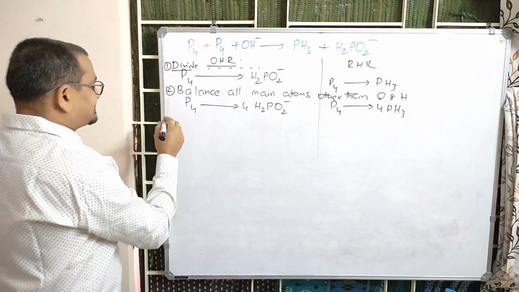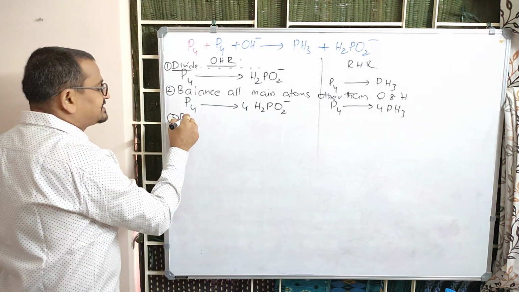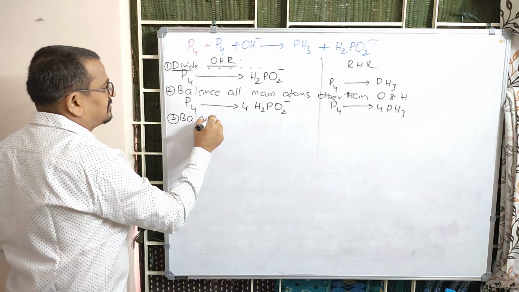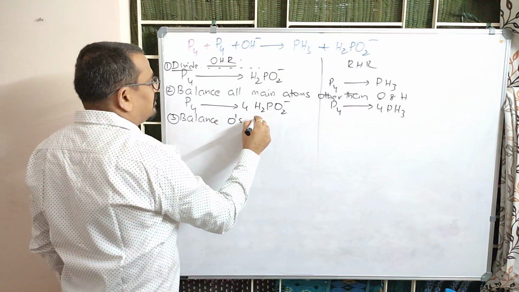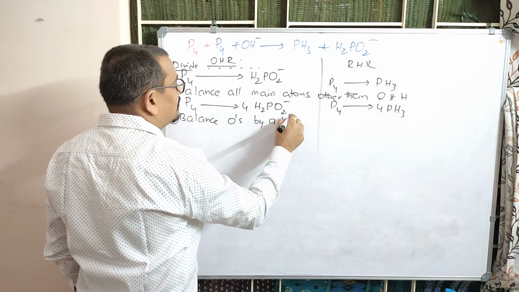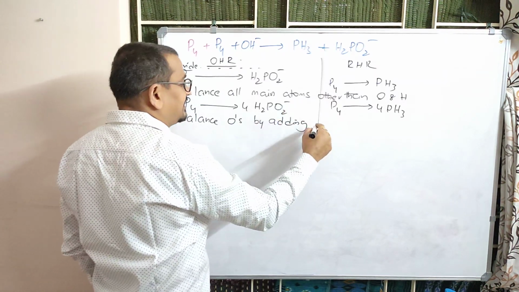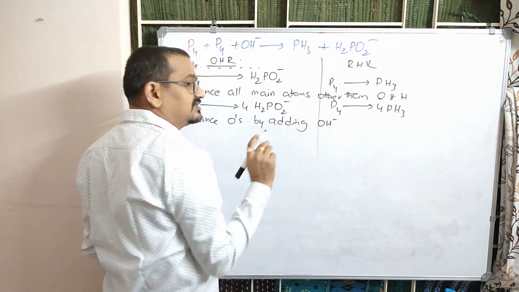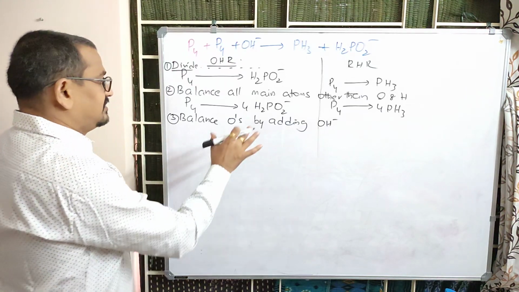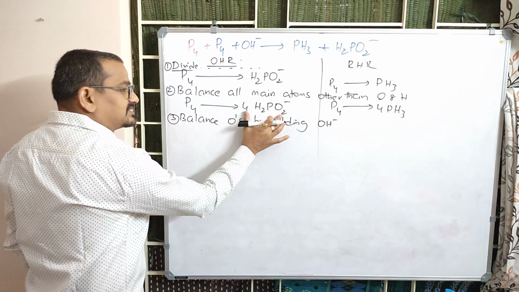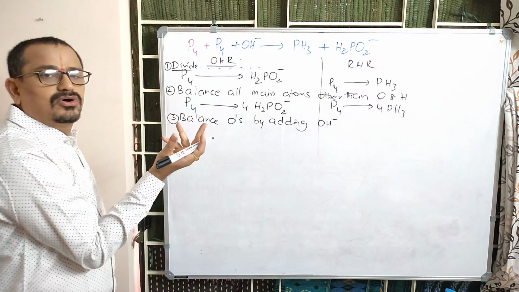Now what is the next step? Balance oxygens. In basic medium, how do you balance oxygens? By adding OH minus on the deficient side, right? Right side 8 oxygens are there, left side no oxygens are there.